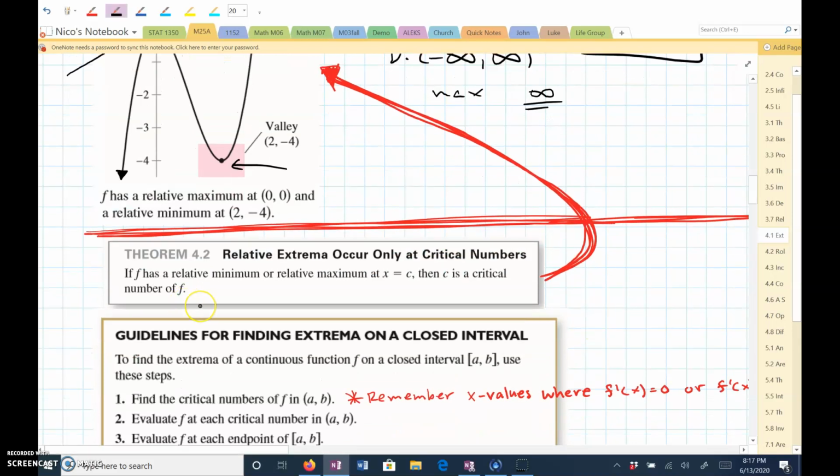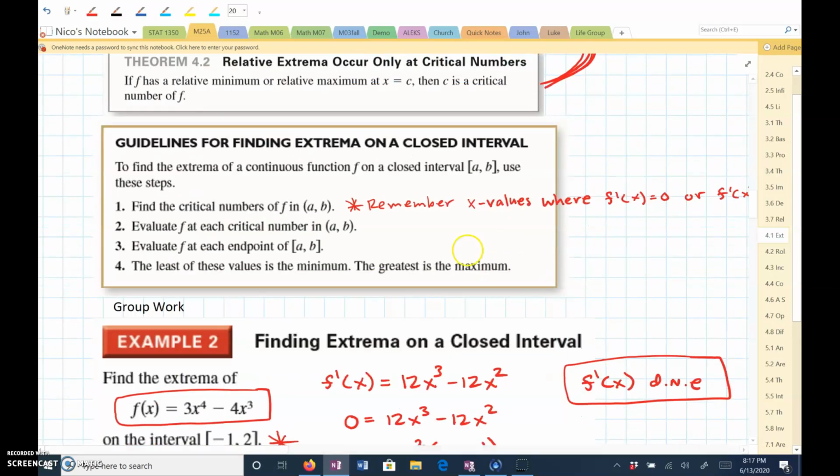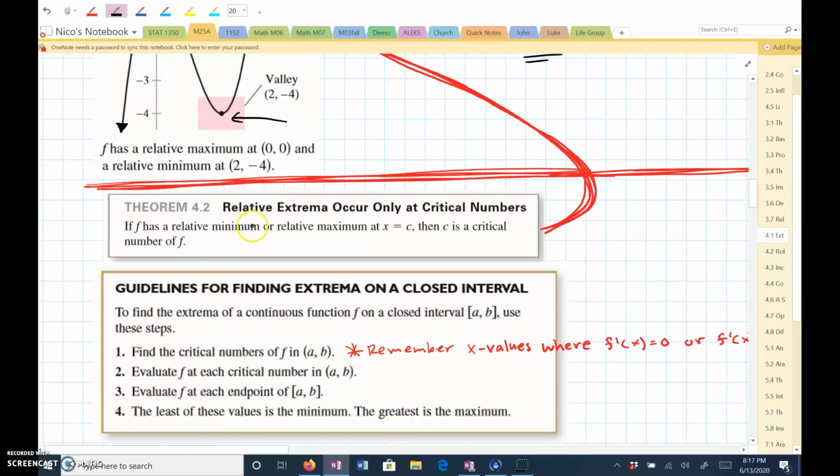One more theorem here. Relative extrema occur only at critical numbers. So again, what I was saying earlier, critical numbers are going to tell us where the relative extrema are. If f has a relative min or relative max at x equals c, then c is a critical number.